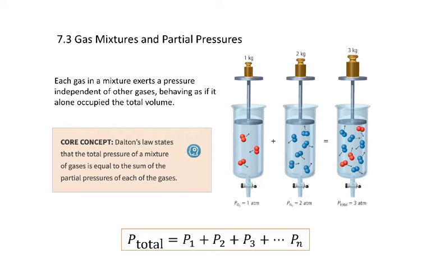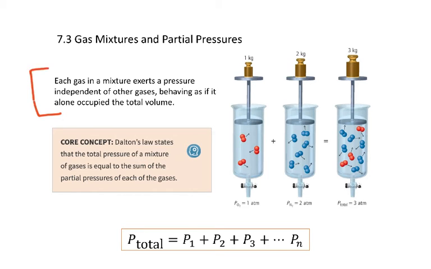If you have 1 mole of a gas and 1 mole of a different gas, you really just have 2 moles of gas, and that's how we can think about it. So yeah, let's take a look at what this means and some of the implications of it.